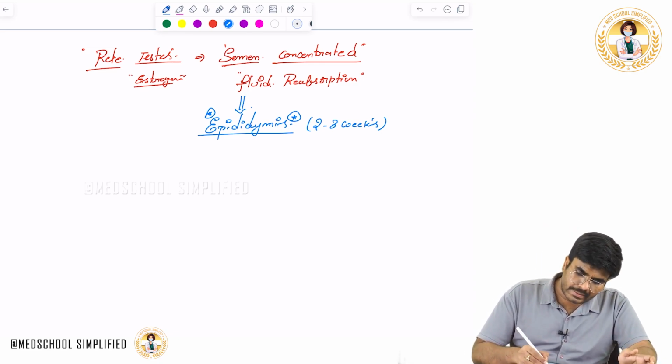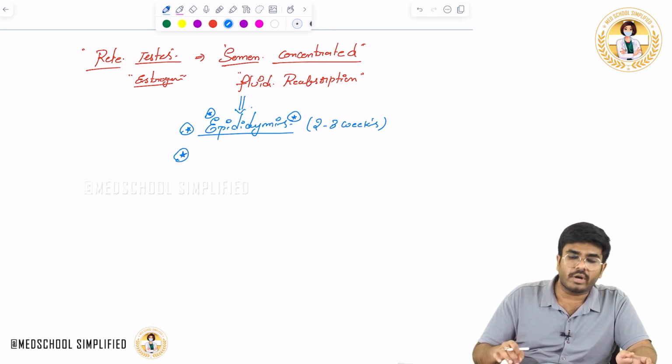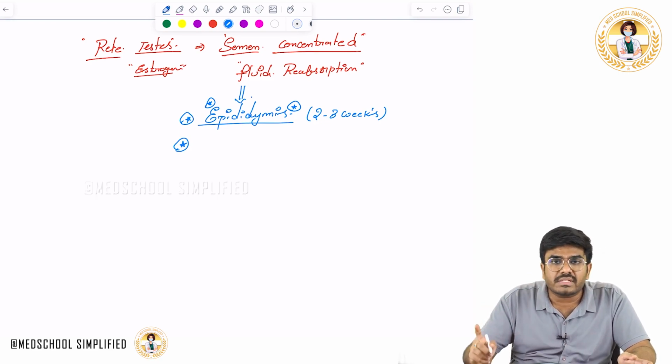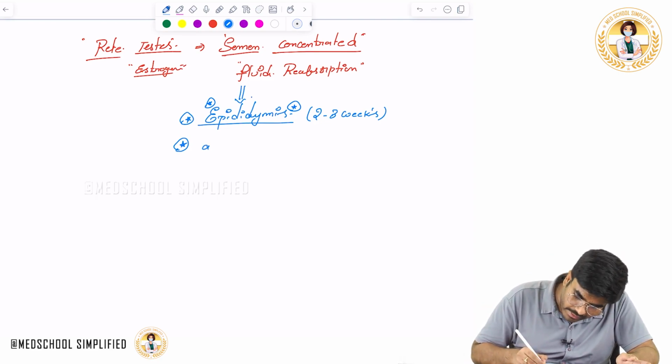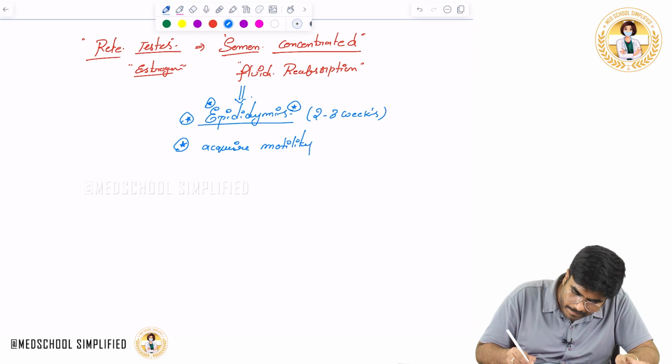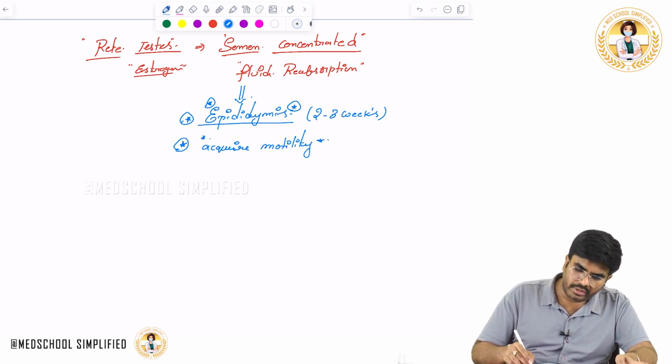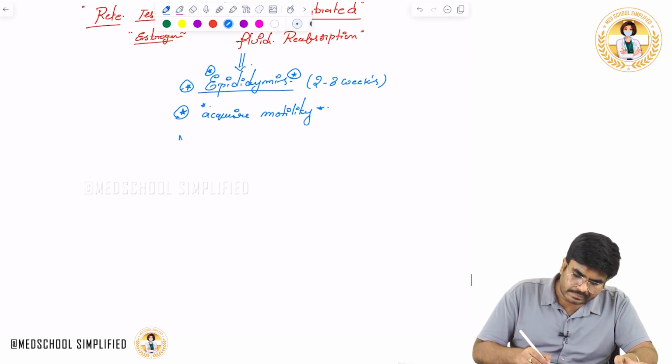In the epididymis, sperms will mature and acquire motility. First important MCQ in your exam: sperms acquire their motility, movement, for the first time where? In the epididymis. Not only that, I have told you there will be maturation of the sperms.